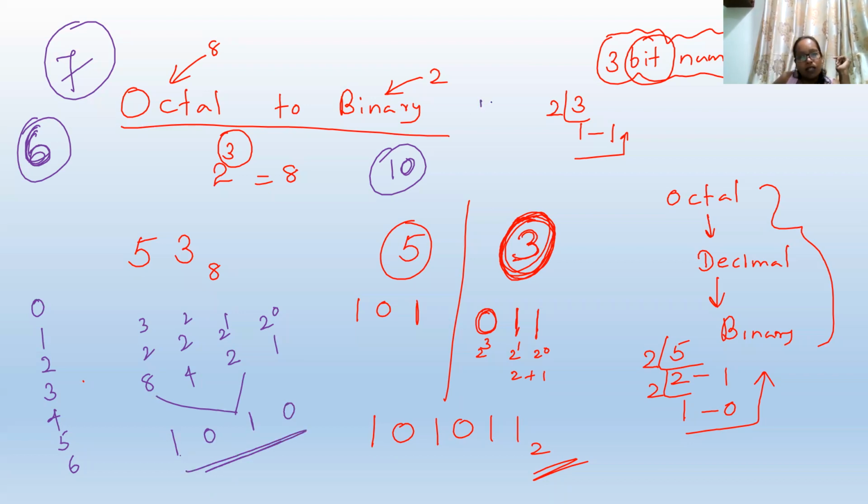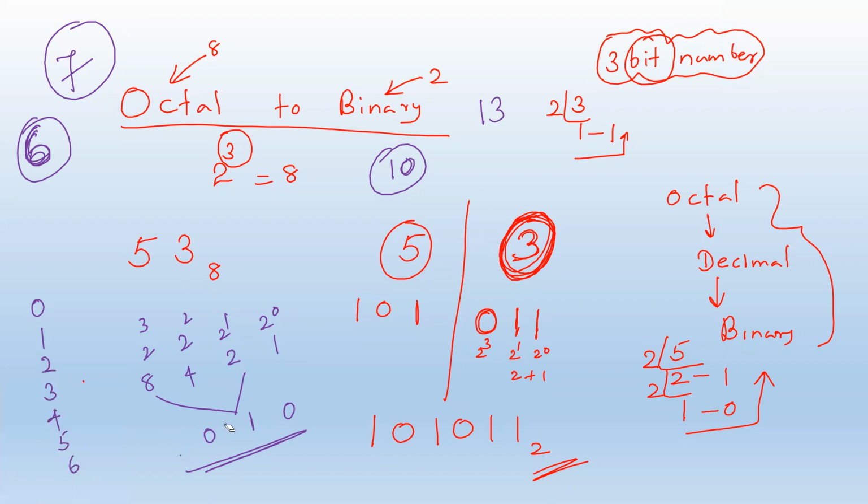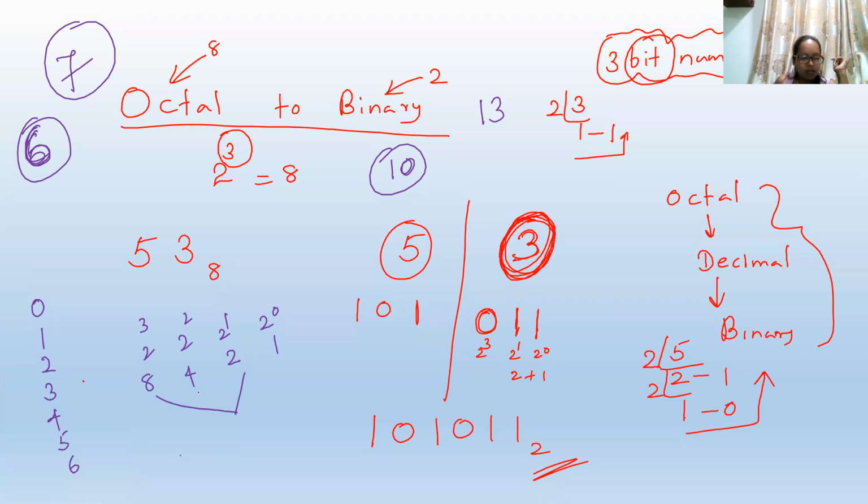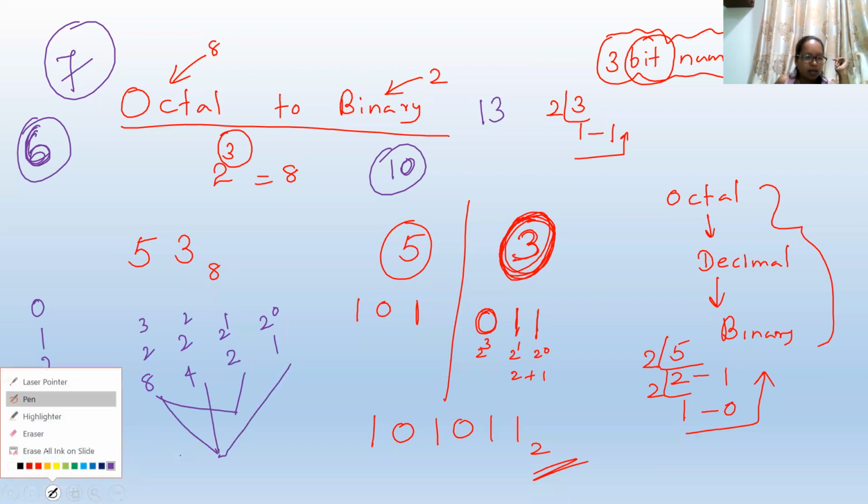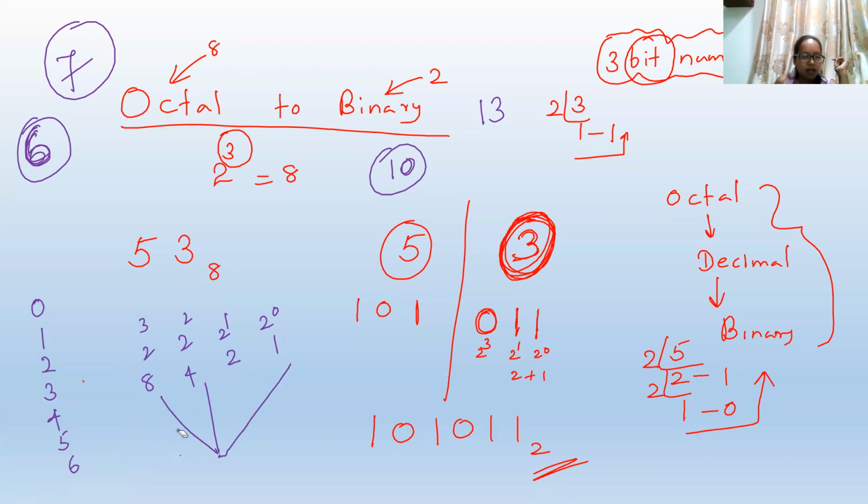Say I want 13. How to do that one? Tell me, how to make 13 out of these 4 combinations? 8 plus 4 plus 1, teacher. Yes, 8 plus 4 plus 1. 8, 4, 1. That means we put 1 in those places. 1 1 0 1.